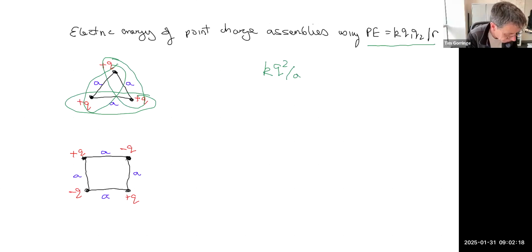Having identified those 3 pairs, we can add up the electrical potential energies of the 3 pairs. We've already got the first one, over here on the left-hand side, the top charge and the bottom left charge.